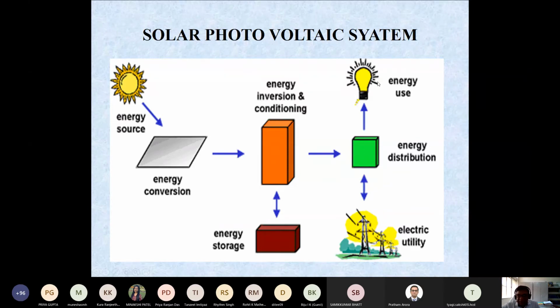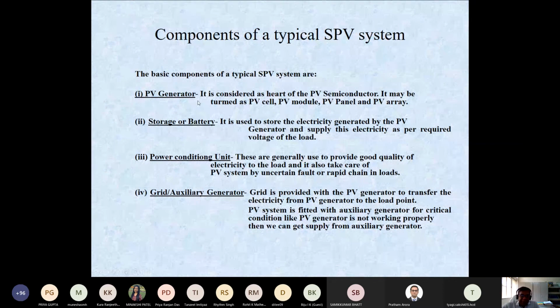Then energy distribution for energy use can be grid connected, or off grid, or nowadays even in grid connected systems people are recommending energy storage. So there are the PV generator, the storage battery, the power conditioning unit and the grid auxiliary, as far as the PV system is concerned.